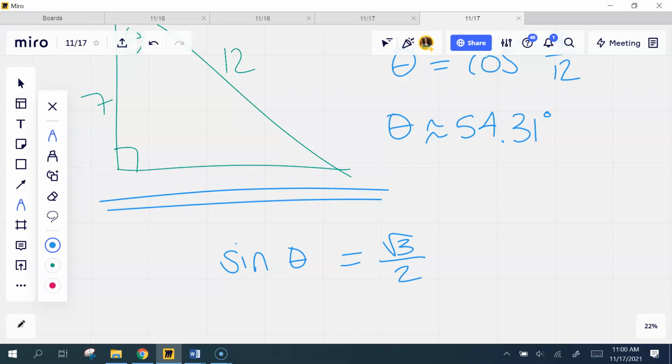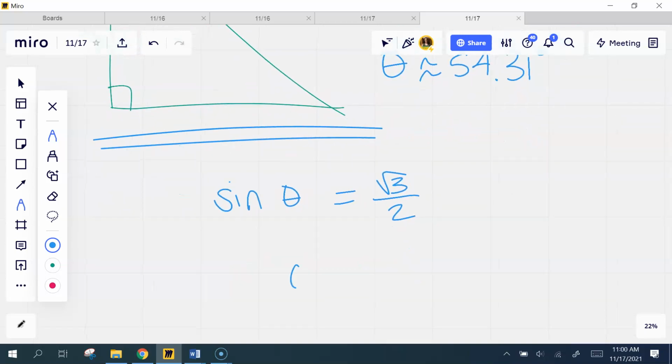You could find it on your unit circle. Sine is the y, so where is y the square root of 3 over 2? 60 degrees.